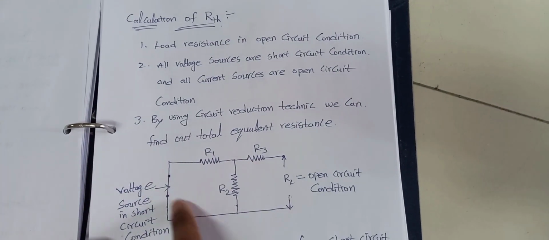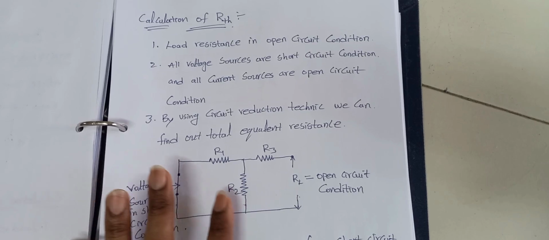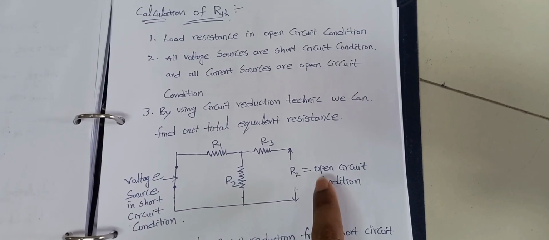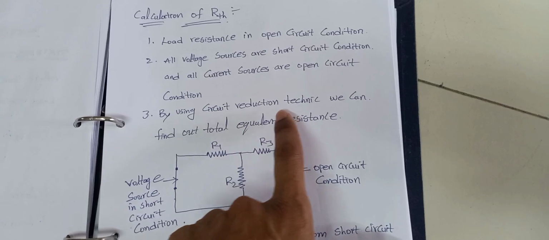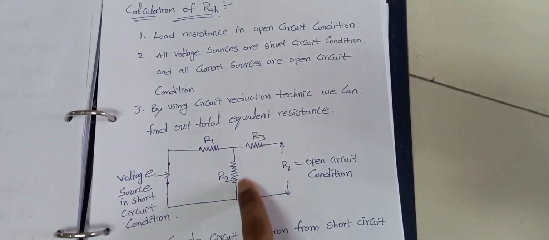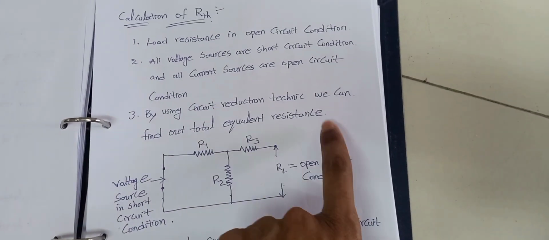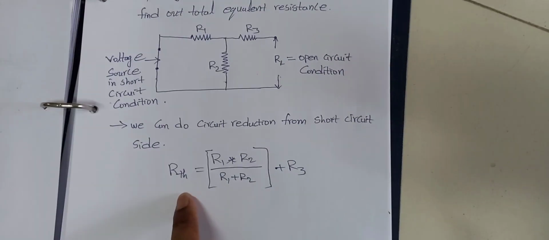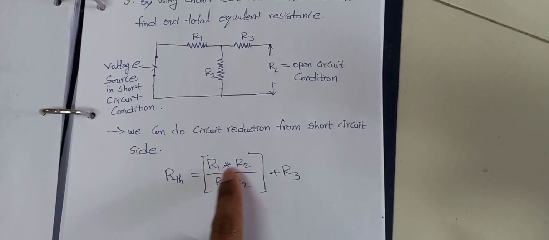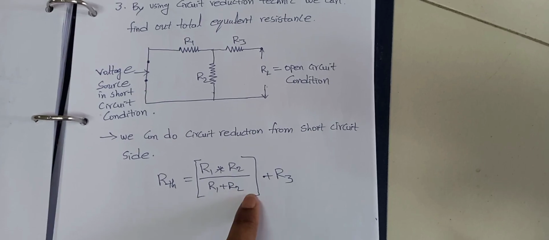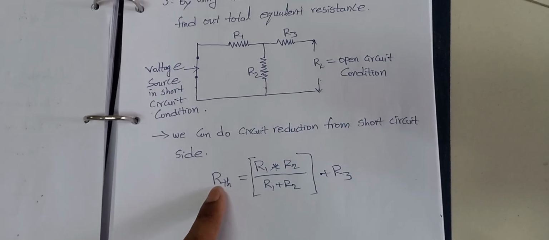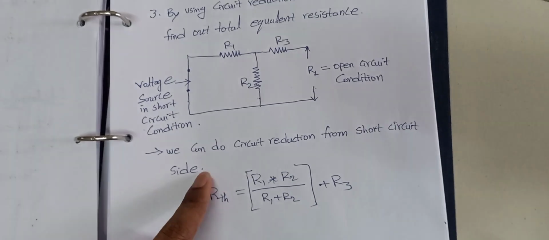In our circuit there are no current sources, so there is no such open circuit. At the load resistance only we have done open circuit, and by using this circuit we can calculate the total equivalent resistance. For that we have one formula: R Thevenin equals R1 into R2 by R1 plus R2, plus R3.